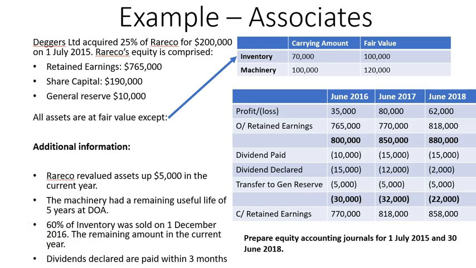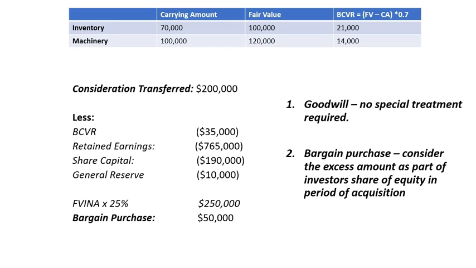Okay, so the first thing we're going to look at here is a bit of acquisition analysis. We know we paid $200,000 for 25%. We've calculated our total equity, and we've also done our BCVR calculations up here. Our total equity equaled $1 million.